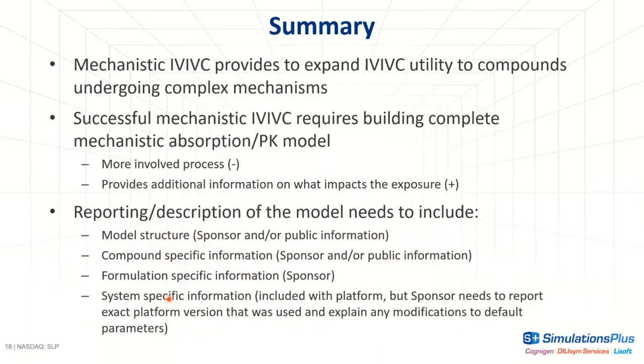Some of these are coming with the platform, especially if you are using some of the more commercial or supported platforms. The information is already in there. You don't have to worry about validating it. But there are some pieces of information that really have to come from the sponsor because they are specific to that one application that was provided.